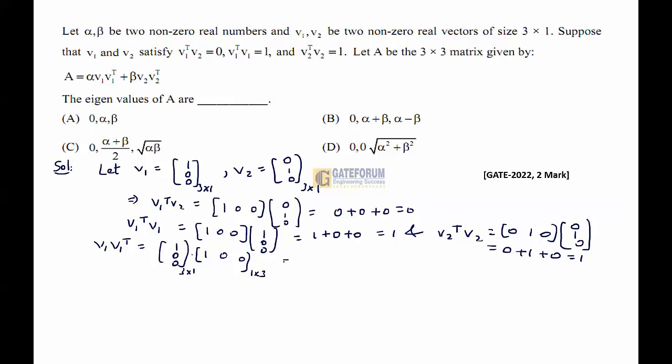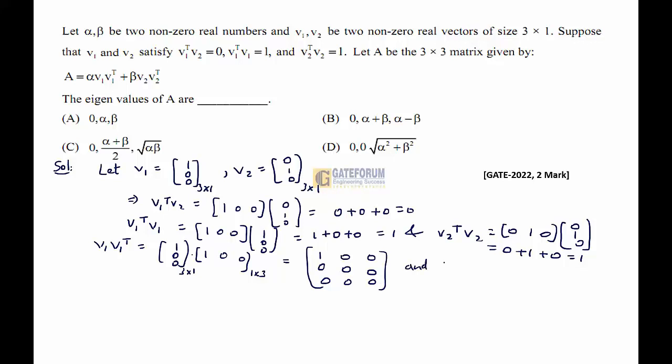You will be getting a 3 by 3 square matrix. First row into first column, 1 into 1, 1. First row into second column, 1 into 0, 0. First row into third column, 1 into 0, 0. Like that you will be getting the other 6 elements. Second row multiplied by the first column, next second column, next third column, you will be getting 0, 0, 0. Similarly, third row multiplied by first column, second column, third column.